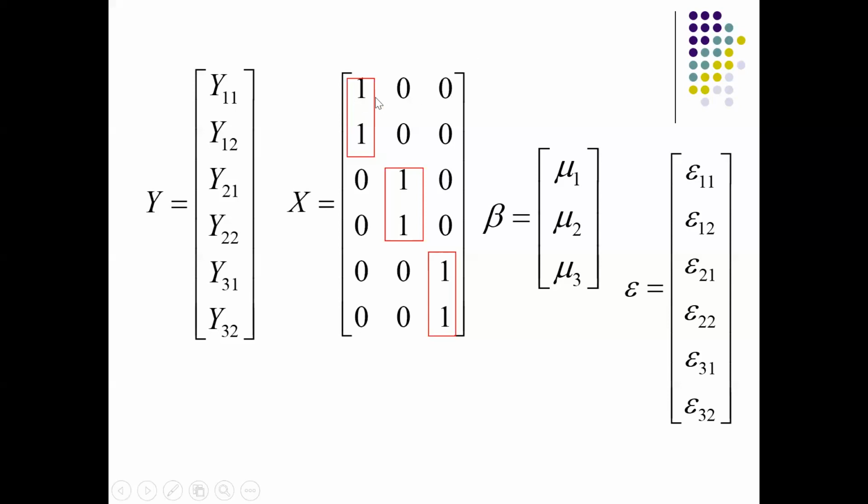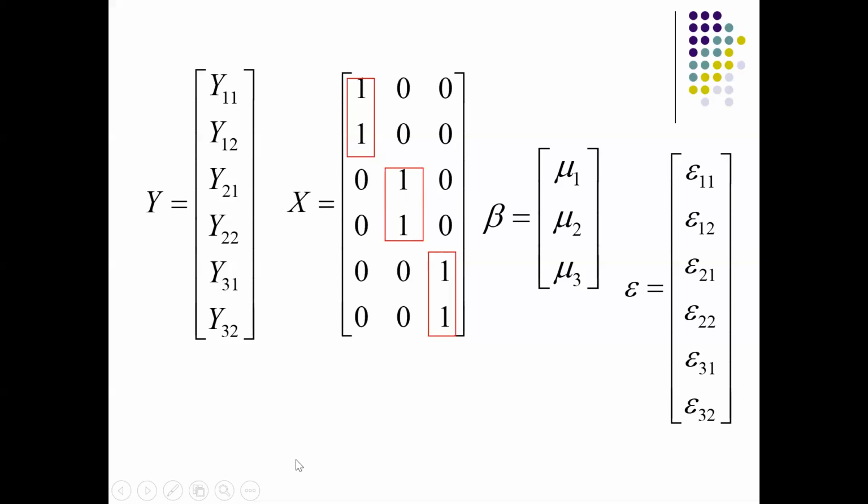So for patient 1, we got 1, 0, 0. 1 because they're in treatment 1, 0 for not treatment 2, 0 not in treatment 3. Same thing for the second patient. For the third patient, they're in treatment 2, so they're not in treatment 1. Yes, treatment 2.